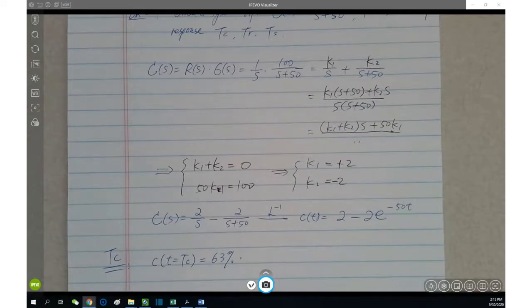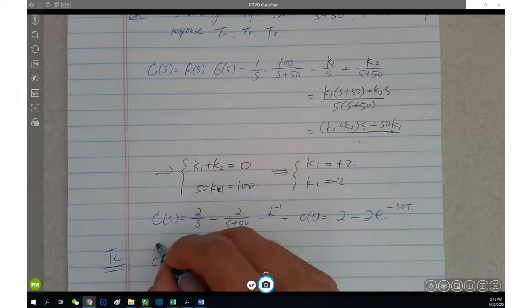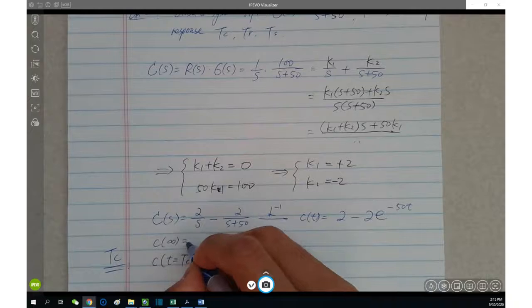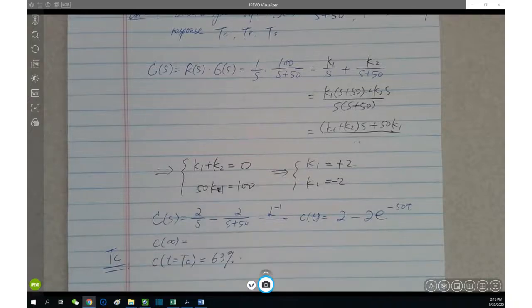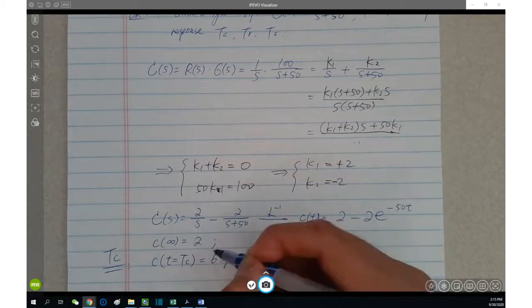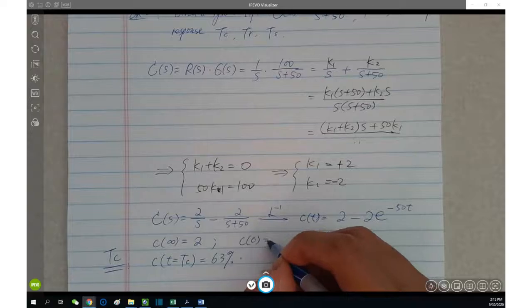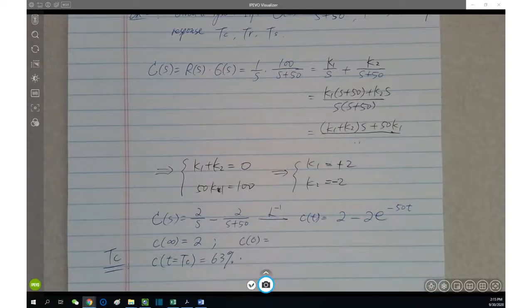And before that, of course, we can find the steady state value. Steady state value is equal to what? 2, right? Of course, you can also find the initial value, which is 0.